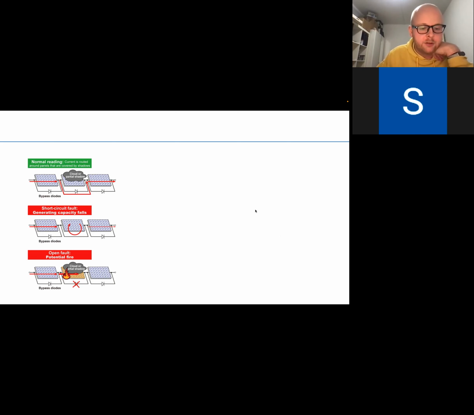The bottom picture is also important. If you don't place diodes, and you do have shade on one of the arrays, and you still are trying to draw the high current that you could get from the non-shaded arrays, it could cause a negative voltage across the shaded array.